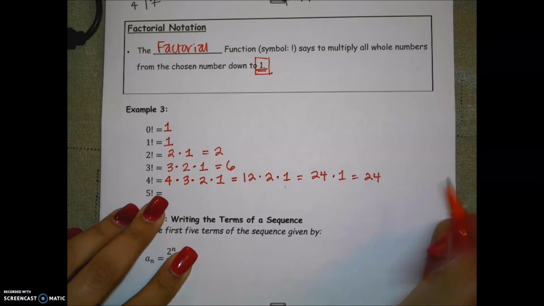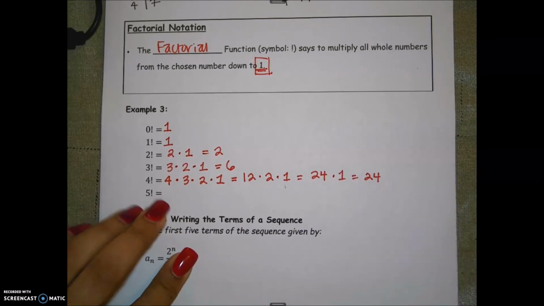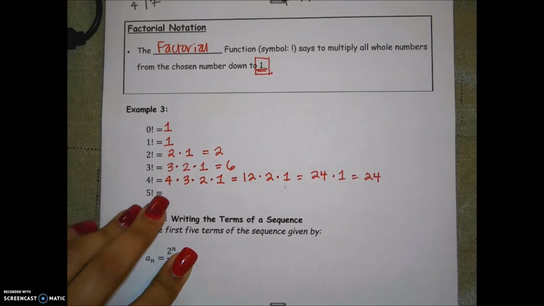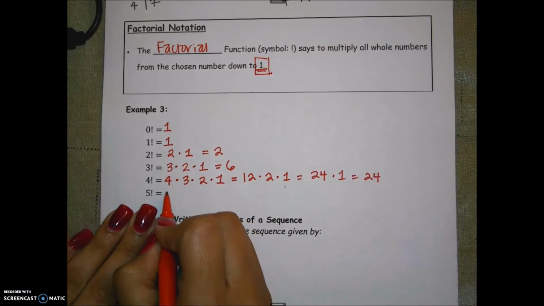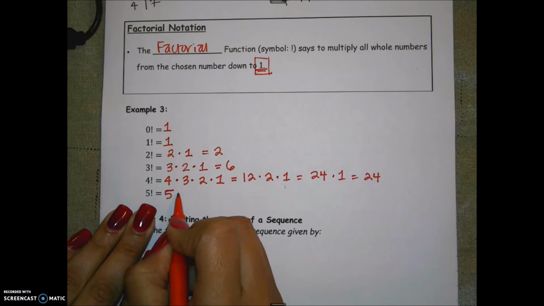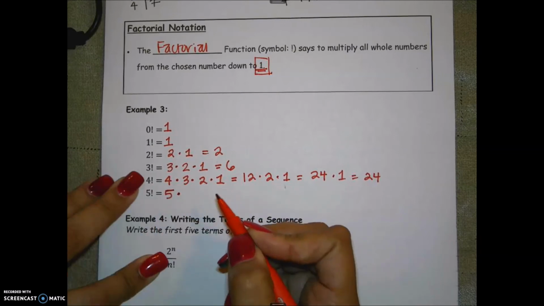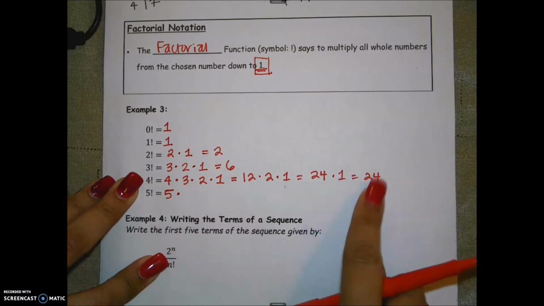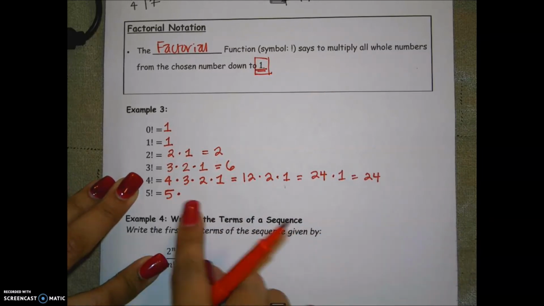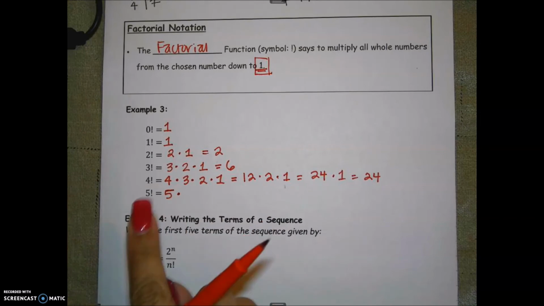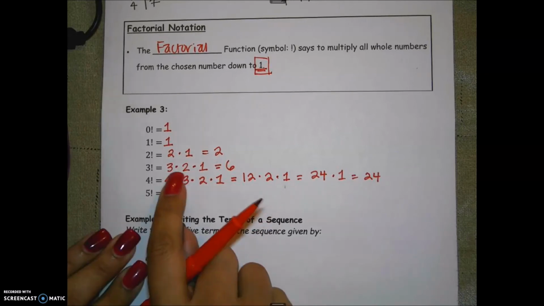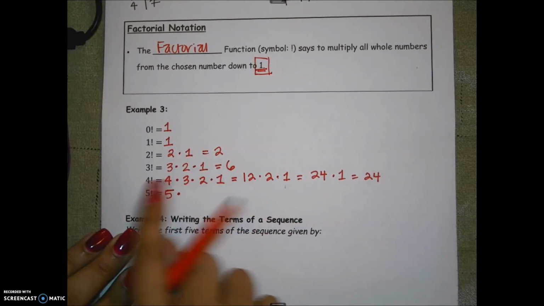Okay? 5 factorial. I'm actually going to show you a shorter way if you're going to keep doing this. 5 factorial, if I'm counting backwards, I start with 5. Notice that I already did 4 factorial. I know the result of 4 factorial is 24. Remember, 5 factorial is 5 times 4 times 3 times 2 times 1, and 4 times 3 times 2 times 1 is 4 factorial.